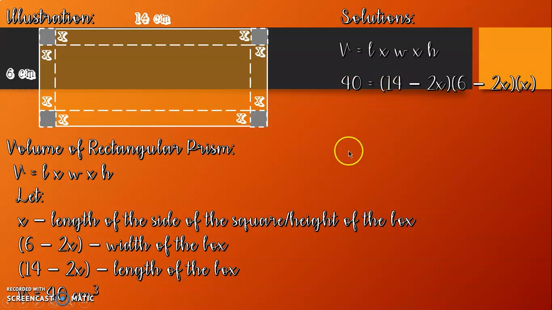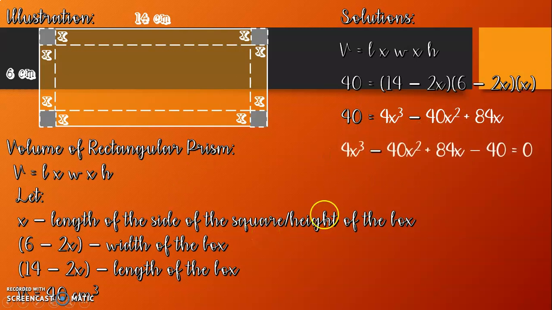Simplify. Multiplying 14 minus 2x, 6 minus 2x, and x gives us 4x cubed minus 40x squared plus 84x. And transpose 40, that will become 4x cubed minus 40x squared plus 84x minus 40 equals 0.